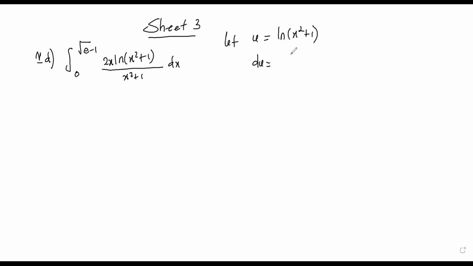So when we differentiate it, we are going to have 2x, and then we divide by x squared plus 1 dx. That's the normal way of differentiating the ln function. You differentiate what is inside it and then divide by everything.